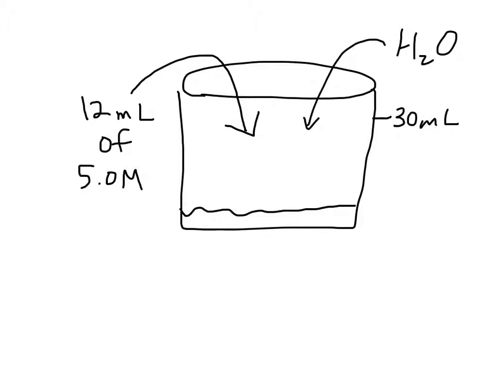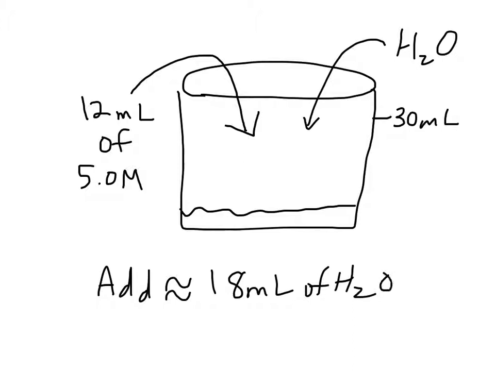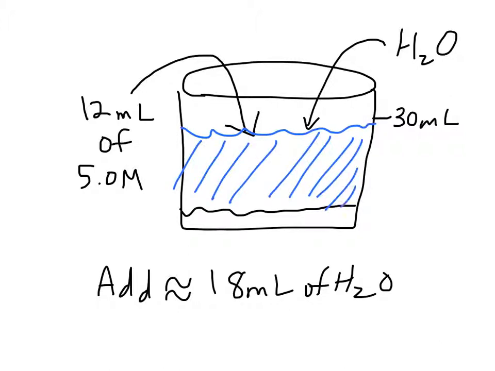So we're going to need to add approximately 18 milliliters of water to this, and that's going to dilute it out and make a 2.0 molar solution. Then it'll be 30 milliliters of a 2.0 molar solution.